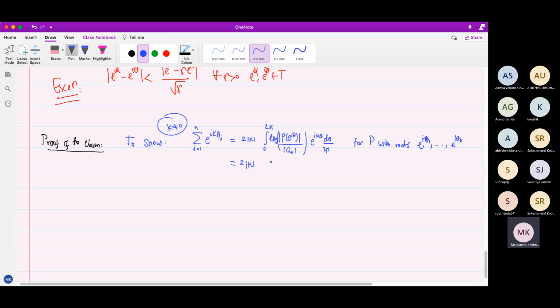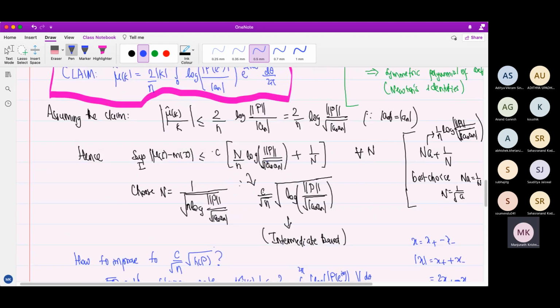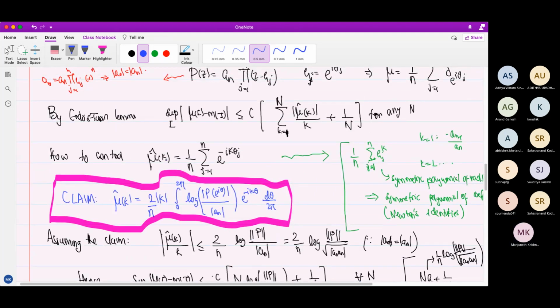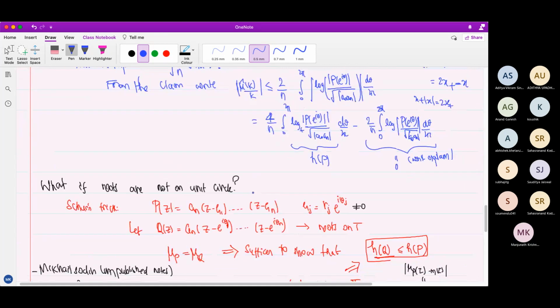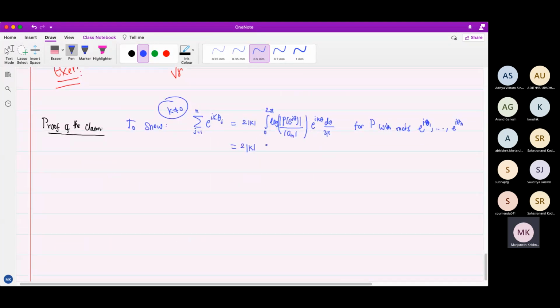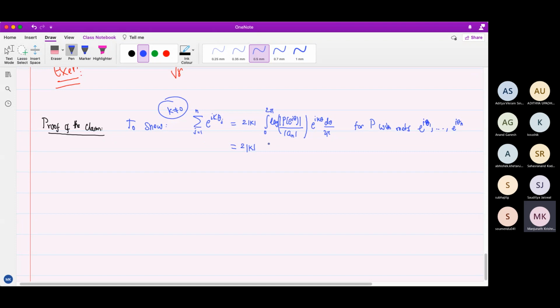Sir, is there a minus sign, like e to the minus i k theta j? Yeah, I removed the minus on both sides actually. Mu hat of k has e to the minus i k theta j, and this also had a minus k, so I just removed the minus. I prove it for all integers k except 0. Okay, thank you. Okay, so I just avoided that. Okay, for k not equal to 0. Yeah, so there it was with minus k on both sides.